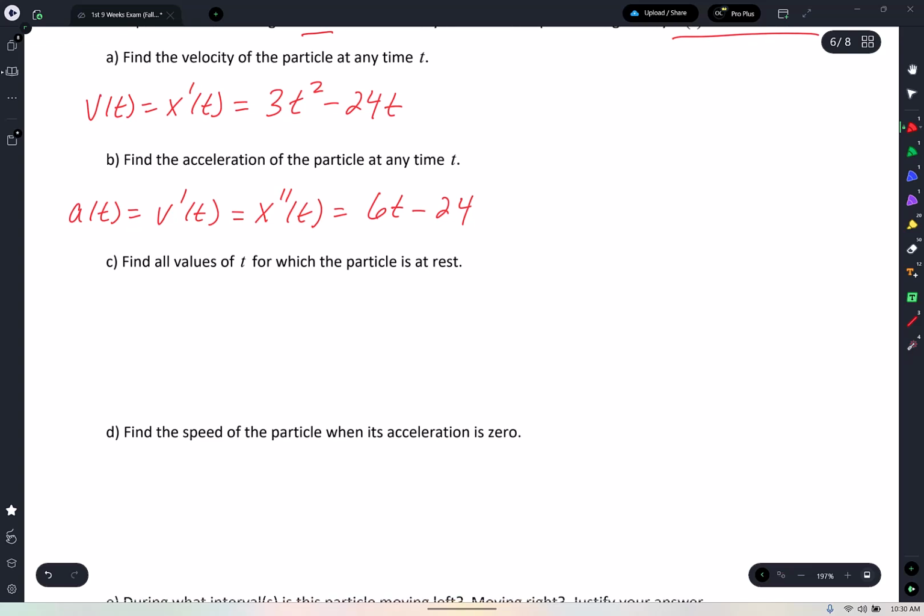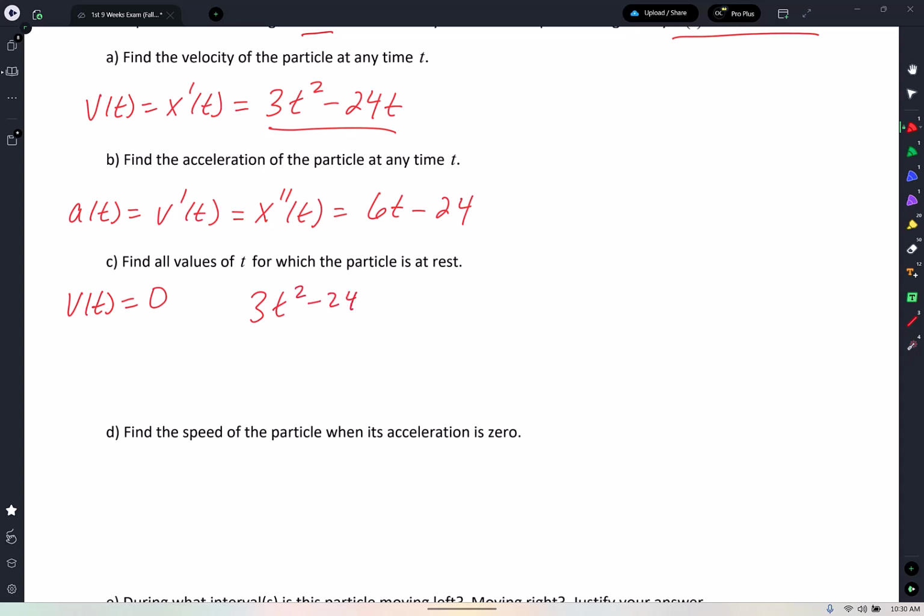Letter C. Find all values of t for which the particle is at rest. When is the particle at rest? When the velocity is what? 0. So you're making a notation. I'm looking for when velocity is 0. I'm going to say, well, velocity is this guy. 3t squared minus 24t equals 0. I can factor out a 3t. So I'm going to have t minus 8.